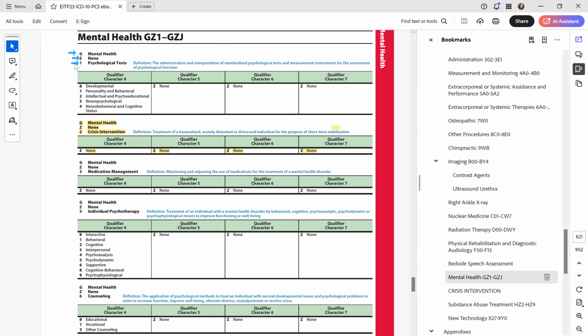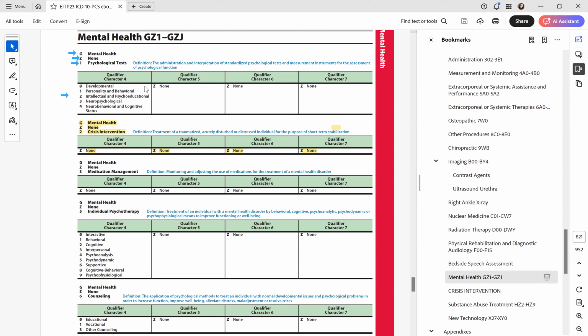And then in 1, we're dealing with the third character. 1, when it pertains to mental health, is psychological test. Then we get into the other qualifier, which talks about what type of psychological test. Is it a developmental psychology test, personality behavioral, intellectual, neuropsychological, or whatever it is, right?